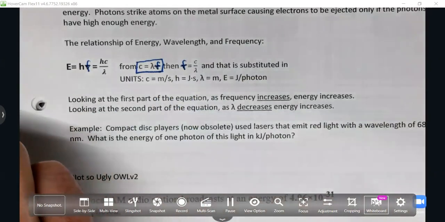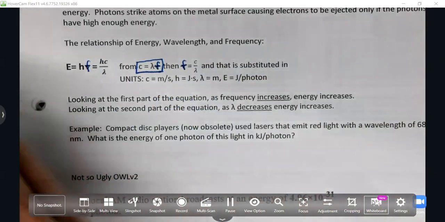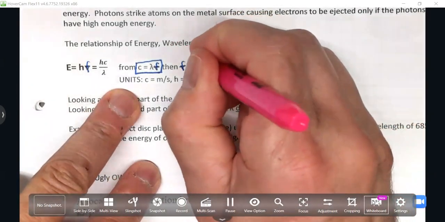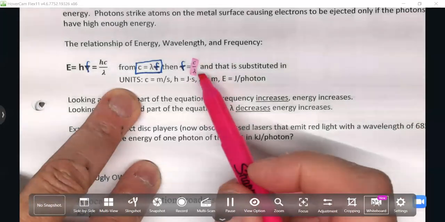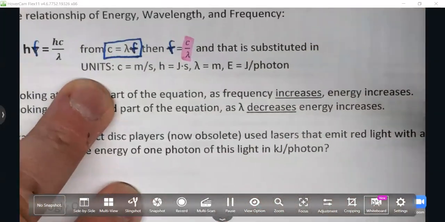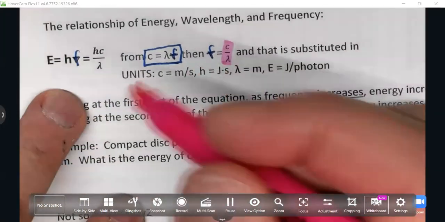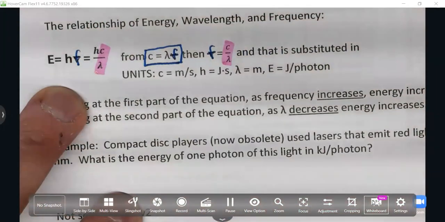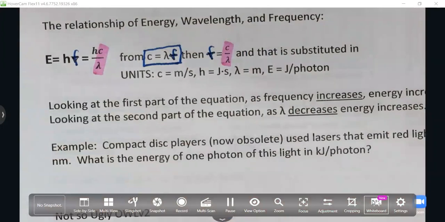Let me highlight this here, this pink here. Frequency is just speed of light divided by the wavelength. So we can just substitute it in right here.